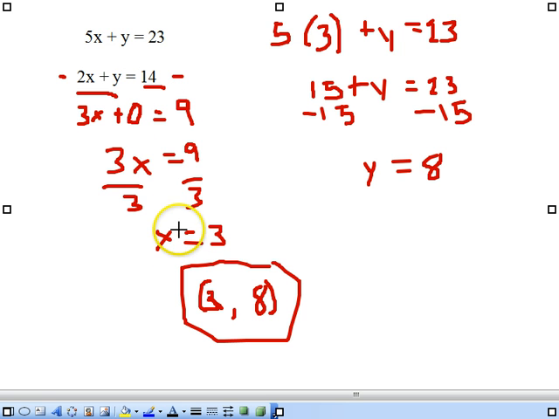Then you do the math and find the value for either x or y, whichever one is not eliminated up here when you subtract. So you find that value, and then you bring what you found back up to the original equation, plug it in, and find the value for the other variable.